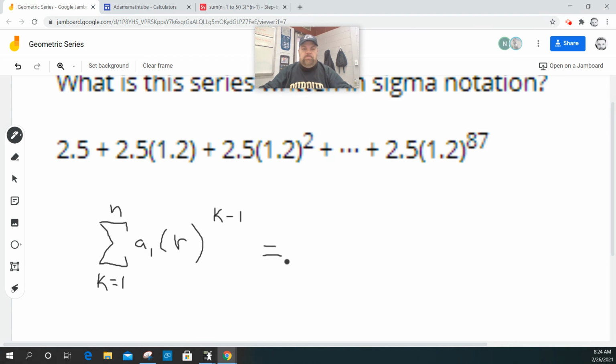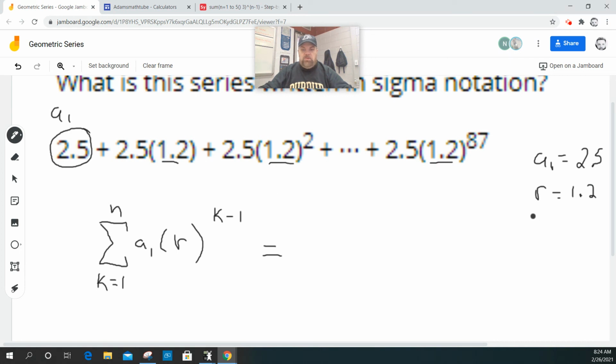So for this one, my initial value, this is A1. In other words, over here, A1 is equal to 2.5. My common ratio is what I multiply by every time. 1.2, 1.2, 1.2, okay?